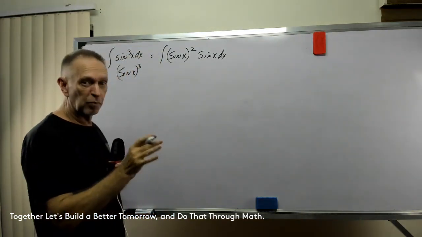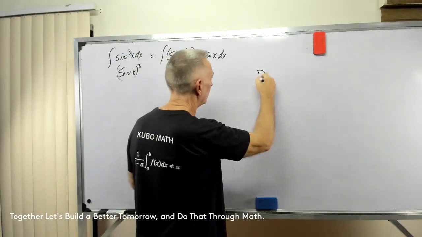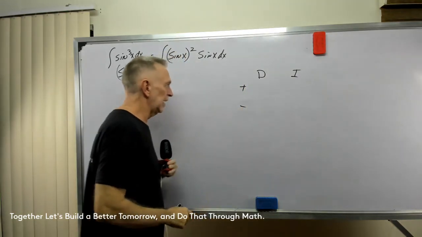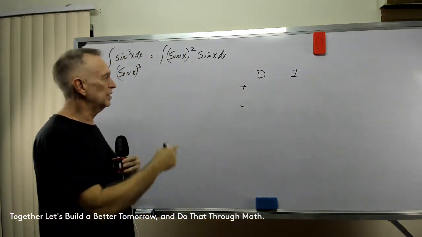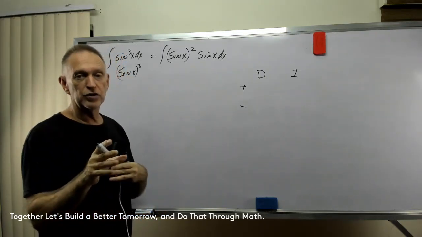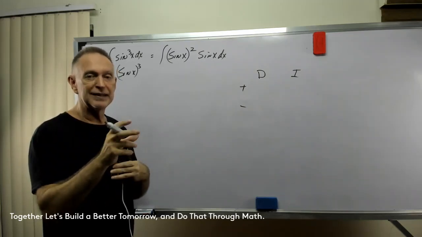Okay, now let's break this into parts using the DI method, which I think is awesome, by the way. I wish we'd had that concept when I was in school before, and I would encourage you to look at integration by parts using the tabular method, the DI method.